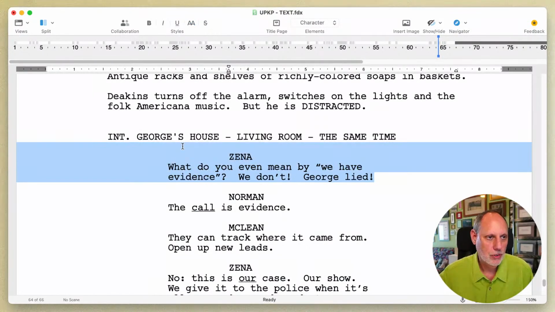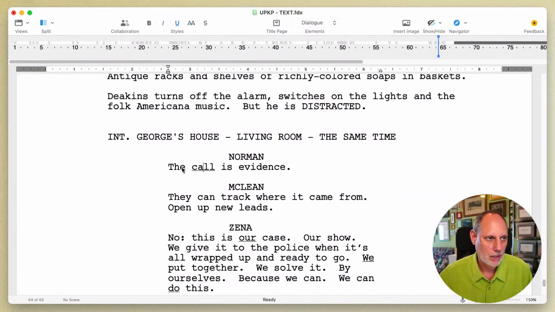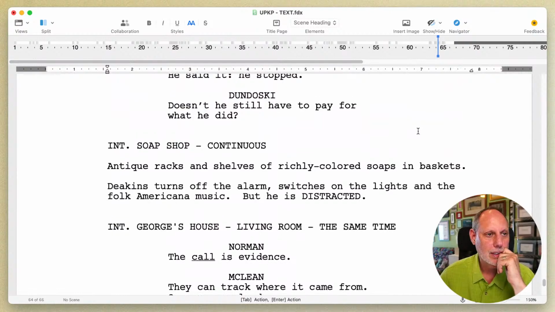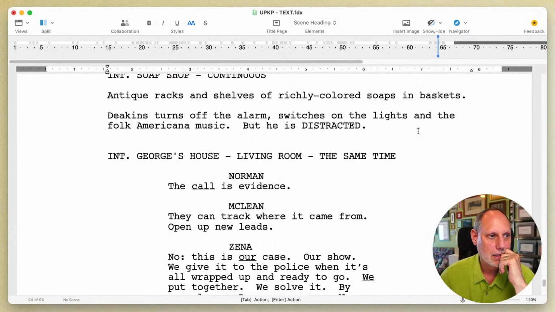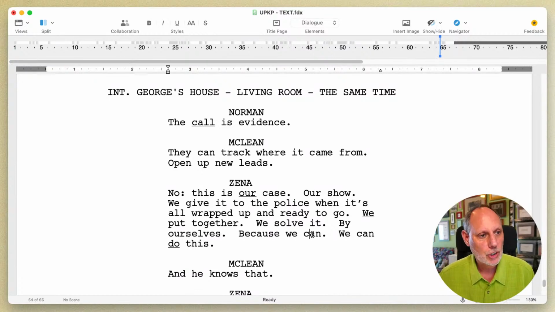I don't think we need this. The call is evidence. Actually, do I want to get like... So, Xena is saying that she doesn't want to tell the police because she wants to keep it for herself. But she's going to say that, so I don't know that I need to have more of that.